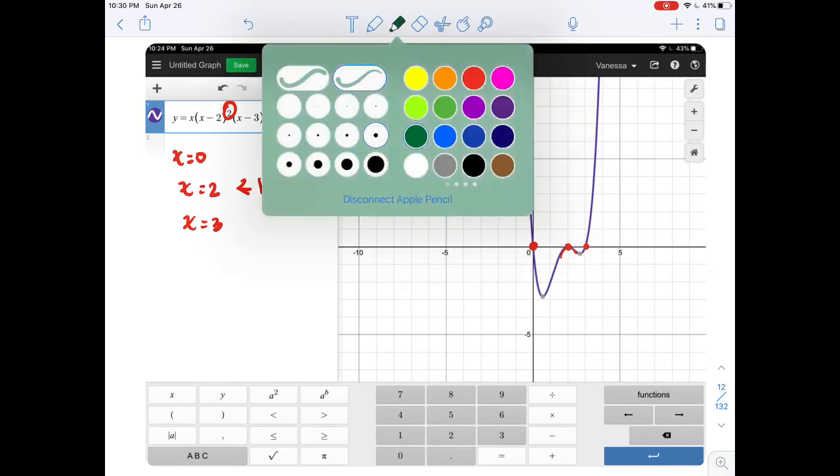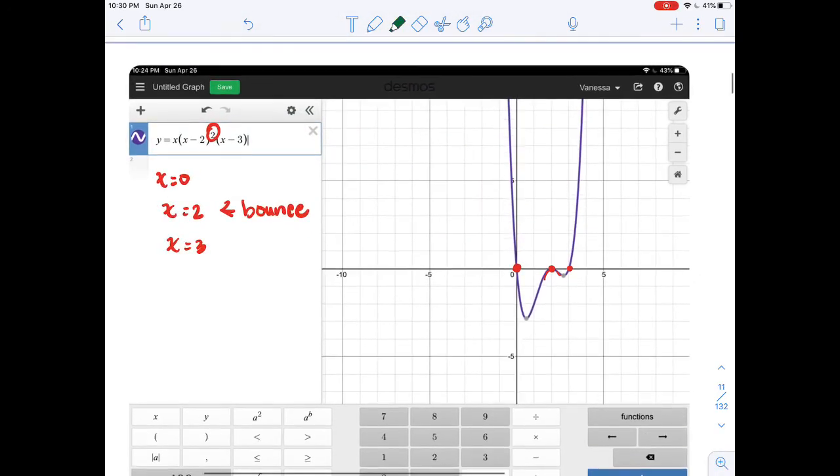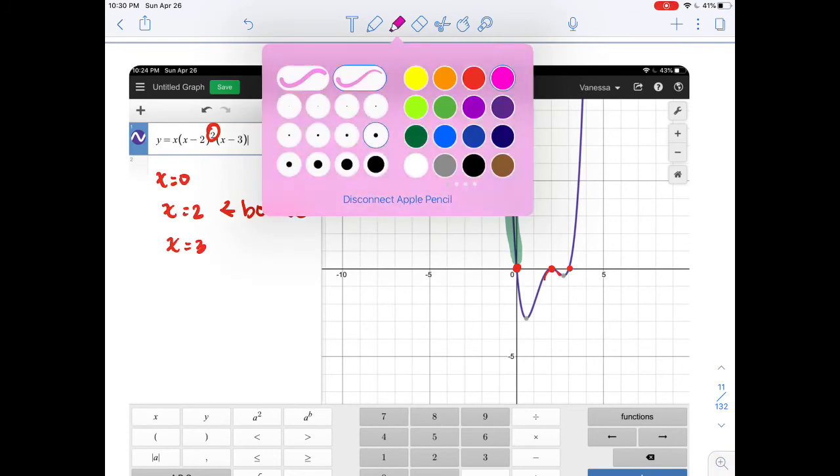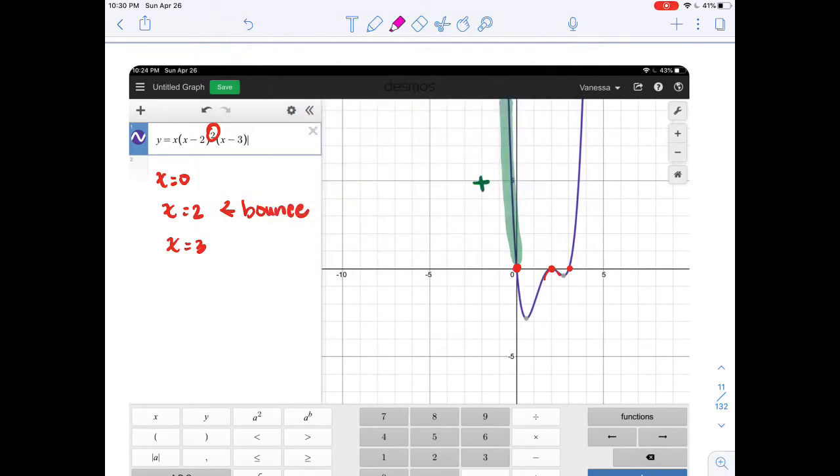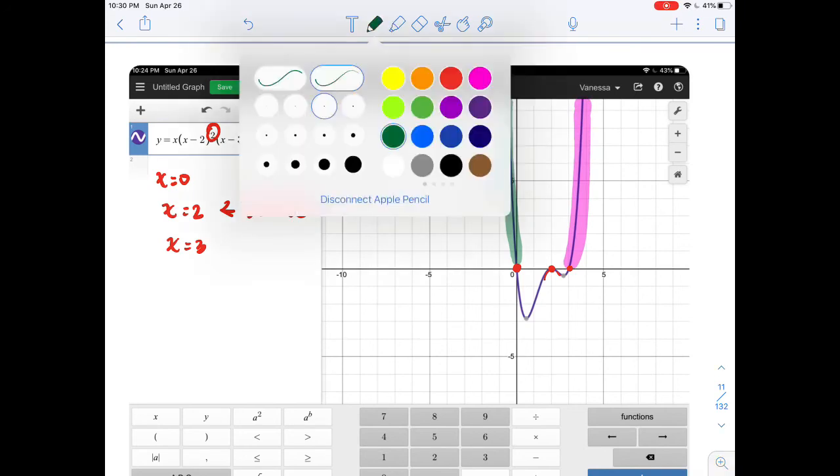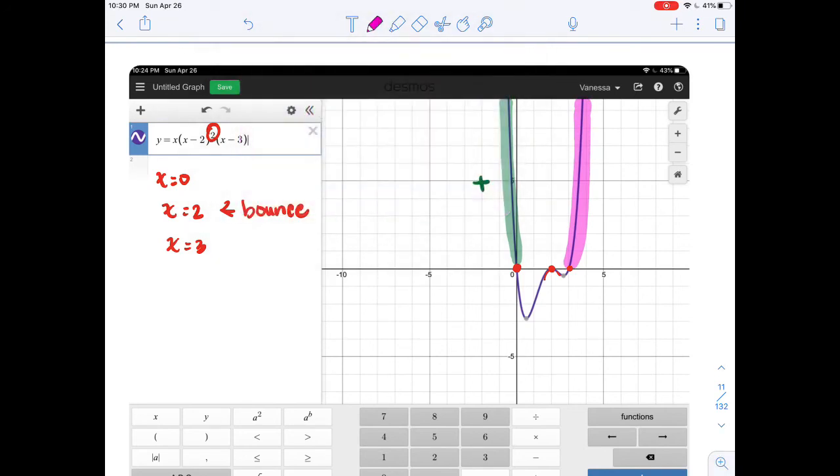So let's analyze and see what happens before the first x-intercept. We notice that our outputs are going to be positive values for our y values. And then after the last one, we notice that those y values are going to be positive as well.